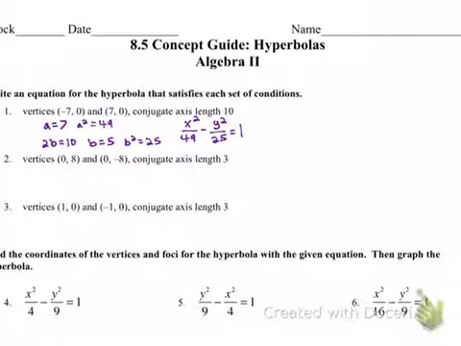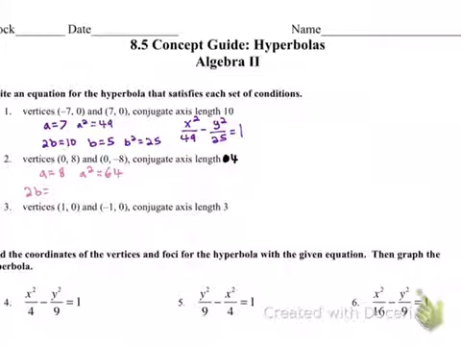Whereas if you look at the next problem, number 2, I know my hyperbola is going to be vertical, and y squared will come first because my vertices are at (0, 8) and (0, -8). That is on the y-axis, going up and down from 0. So a is 8, so a squared is 64.